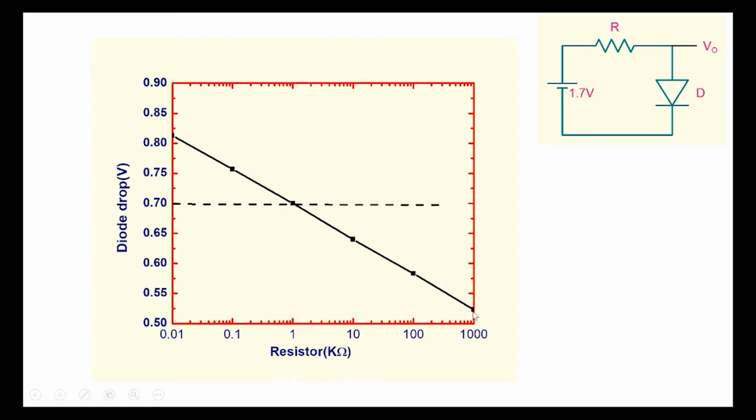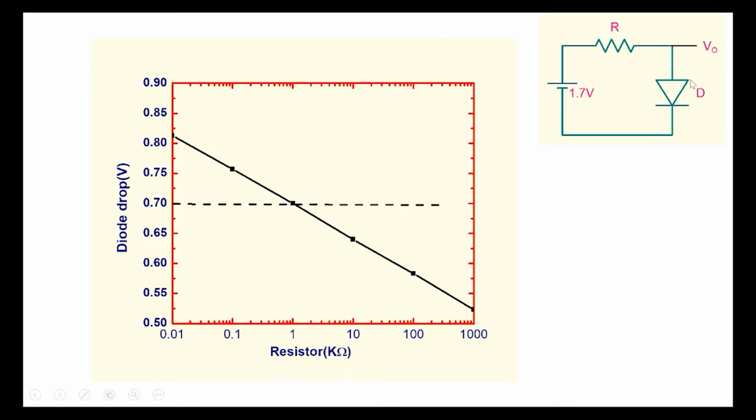Note that as you use higher and higher values of R, the current reduces and the diode drop also reduces. For 10 ohms, the diode drop is around maybe 0.81 or 0.82 or so, and the diode drop keeps on reducing.